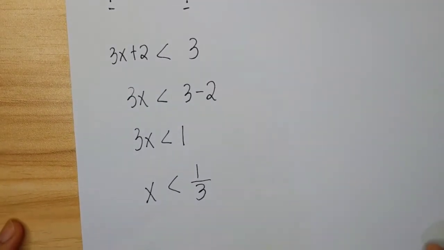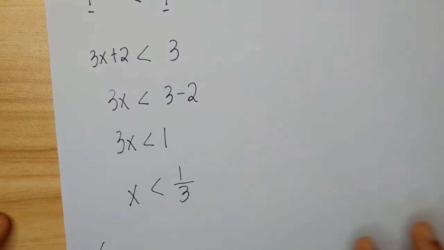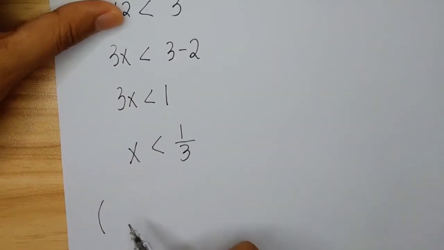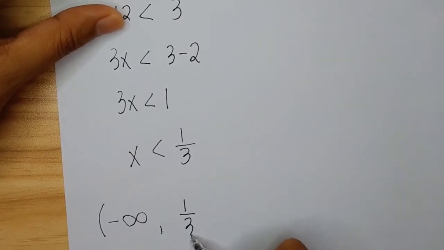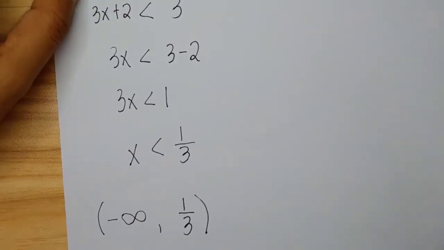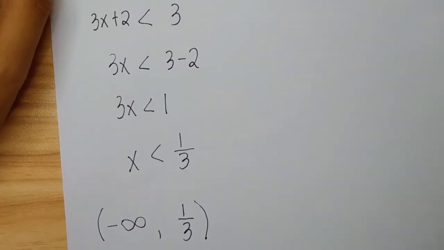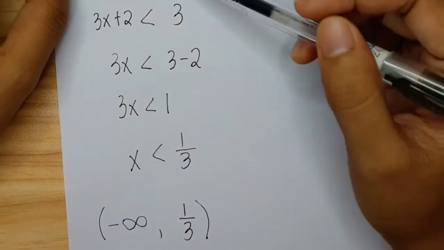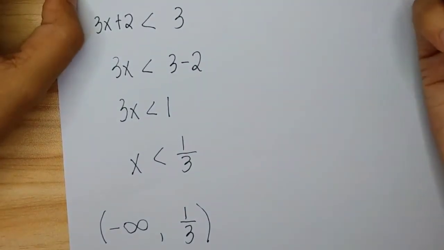So that means negative yung solution natin is from negative infinity going to 1/3. Yan yung magiging solution ng inequality natin. Okay? The same lang siya ng process like yung sa exponential equation na parang base, the same yung base natin. Then let's solve for the value of our x.